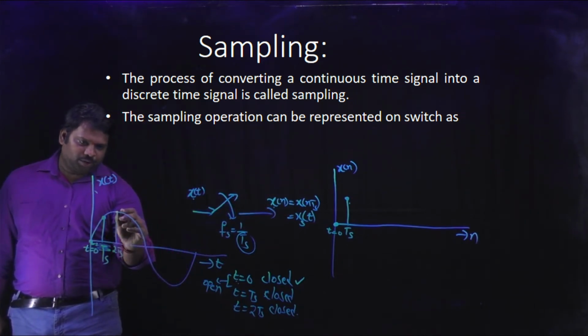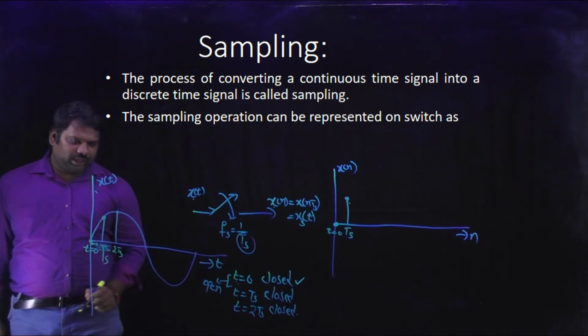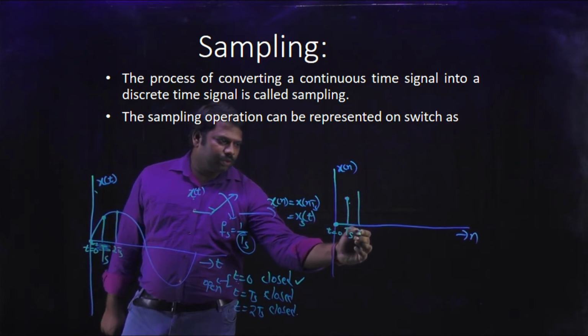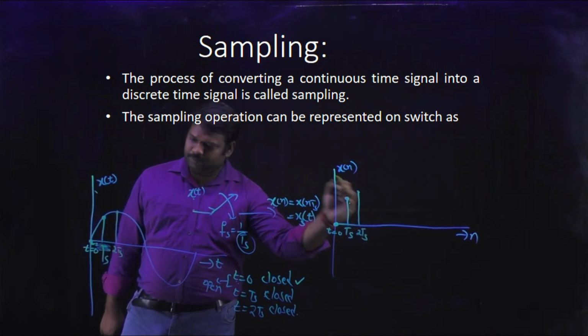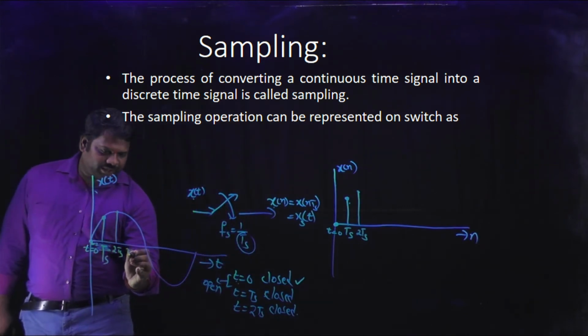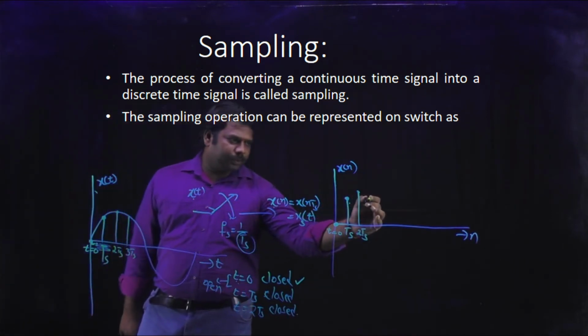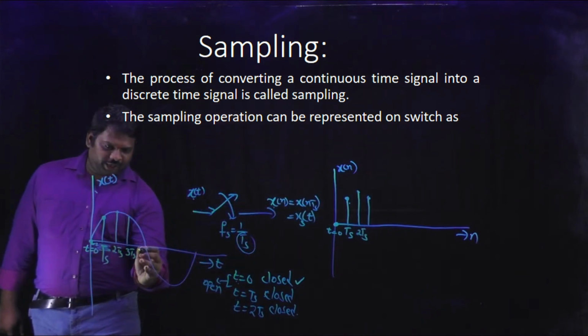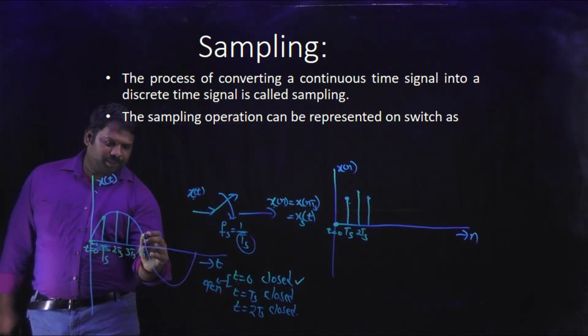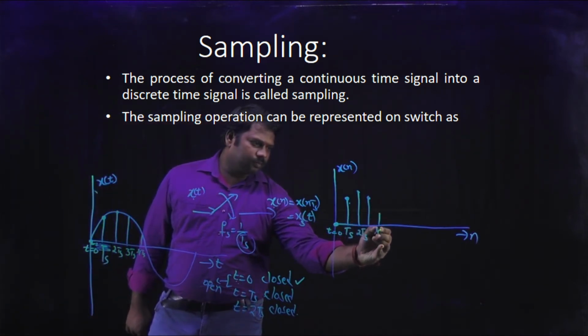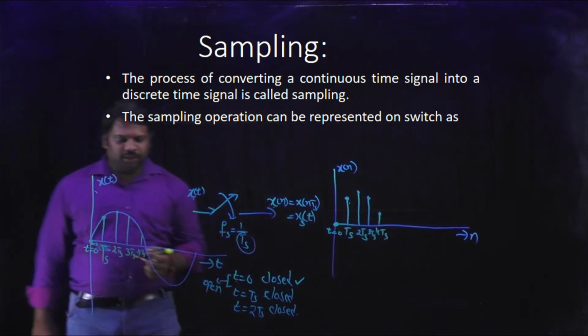Again, we'll pick up one more sample at 2Ts. Again, at 3Ts, we'll pick up another sample like this, and that sample will be produced here. Again, at 4Ts, we'll pick up a sample.